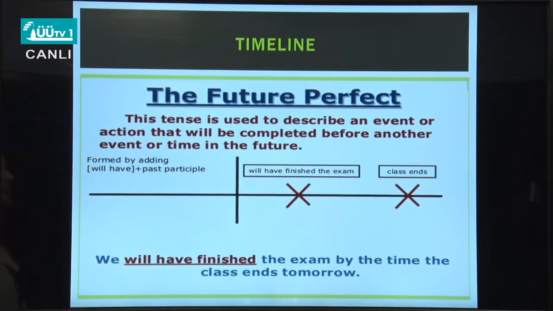Now, this tense is used to describe an event or an action that will be completed before another event or time in the future. How do we make it? Will have plus past participle, or as we call it, verb 3, V3. We will have finished the exam by the time the class ends tomorrow. Okay? So we use it to talk about a completed action before another event.